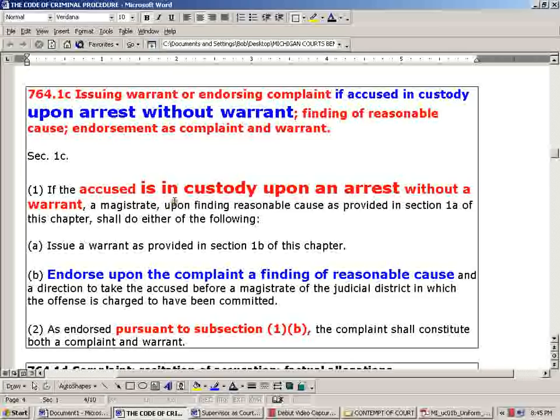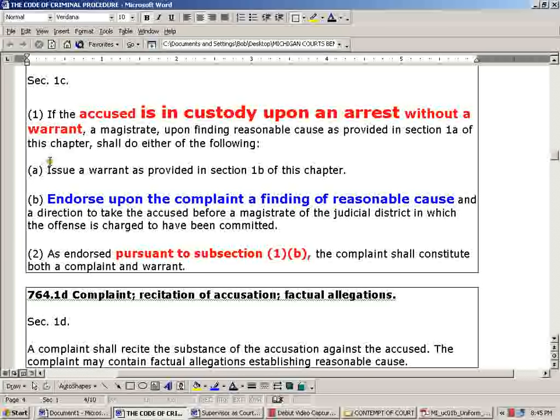If the accused is in custody upon an arrest without a warrant, like they've stopped you on the side of the road, a magistrate, upon finding reasonable cause, as provided in Section 1A, shall do either of the following: issue a warrant as provided, endorse upon the complaint a finding of reasonable cause, and direction to take the accused before a magistrate of the judicial district in which the offense is charged. As endorsed pursuant to something, the complainant shall constitute both complaint and warrant.